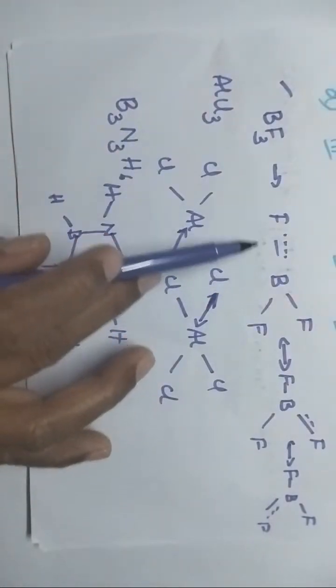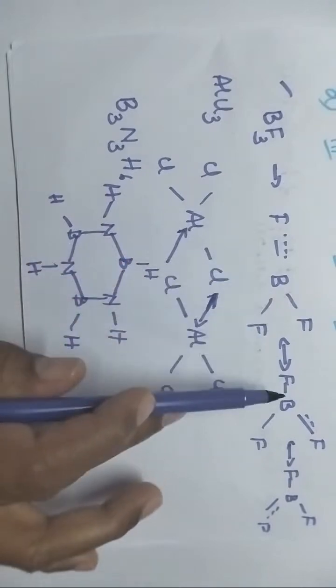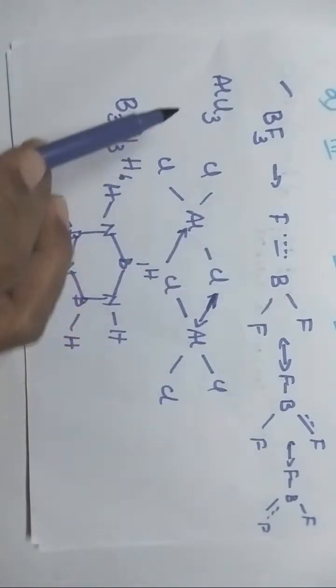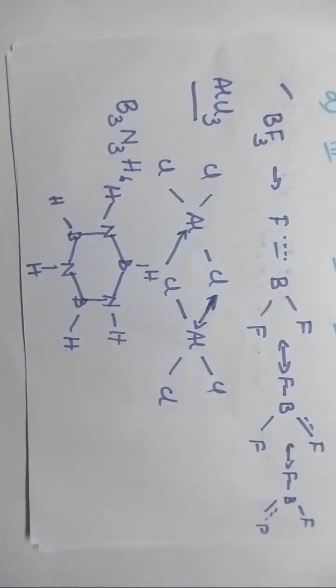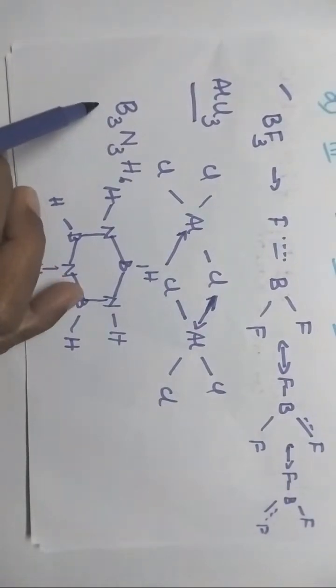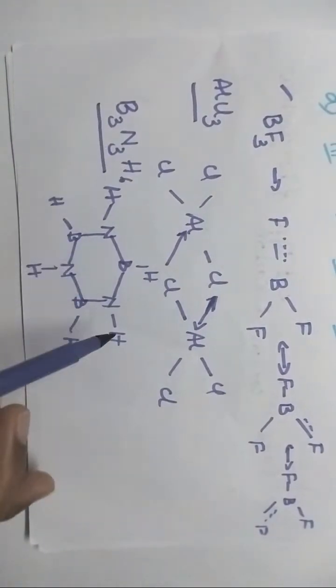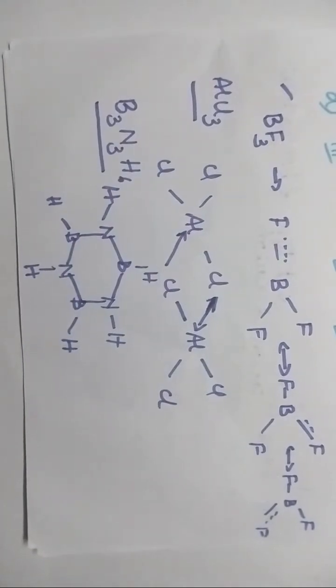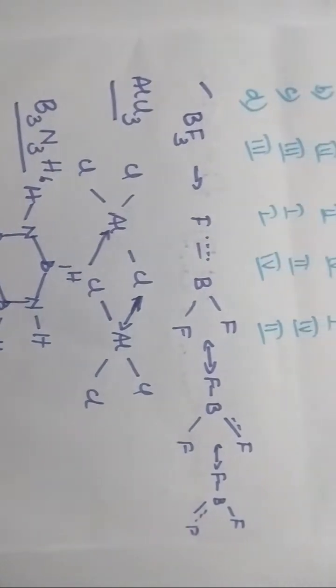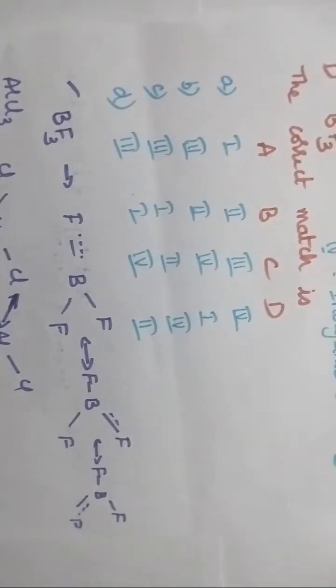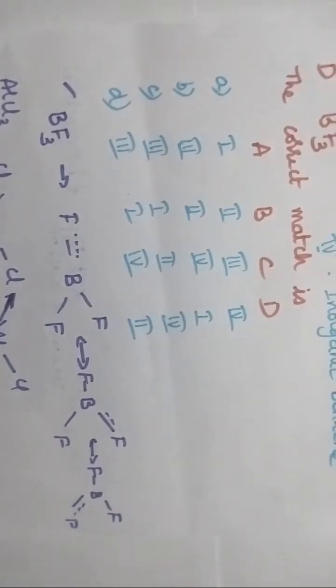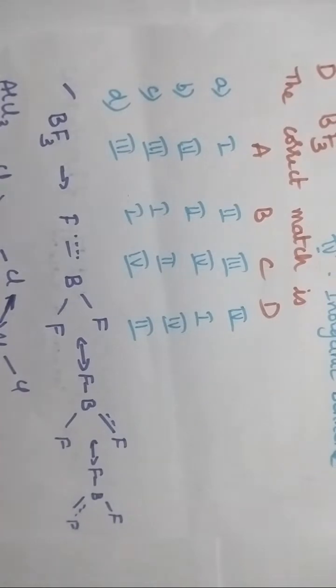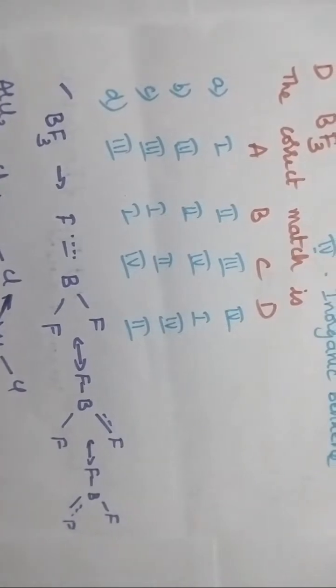BF3 is having what type of bond? If you carefully observe, back bonding. AlCl3 is having dimeric form. B3N3H6 is having structure similar to benzene. So now try to guess the right option. Here are the options, and you just match the following.